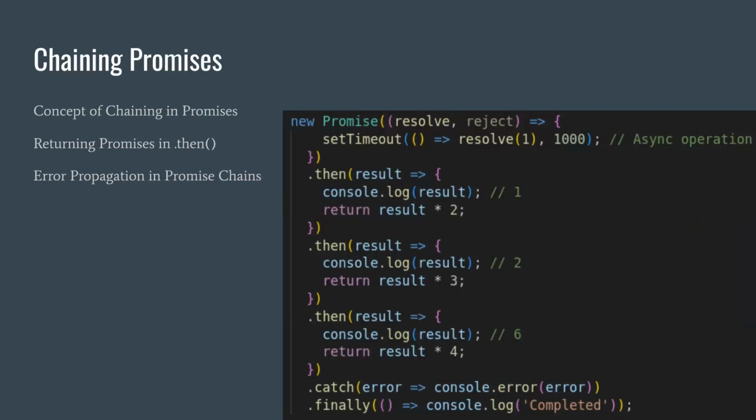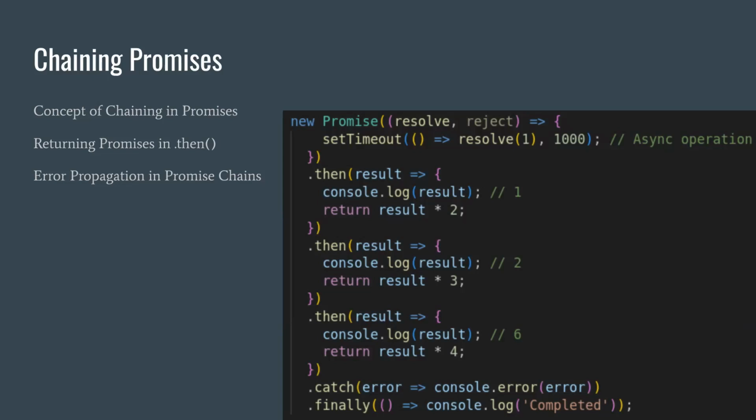Chaining promises. So promise chaining is a powerful feature. What it allows you to do is execute a sequence of asynchronous operations, one after another.